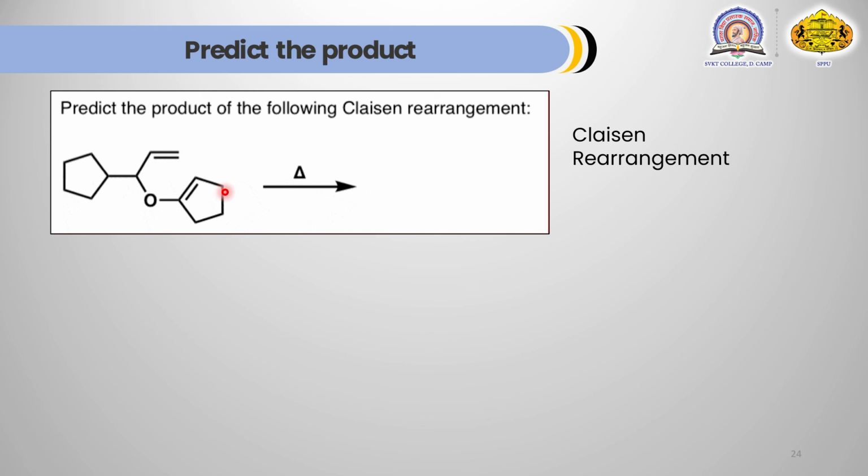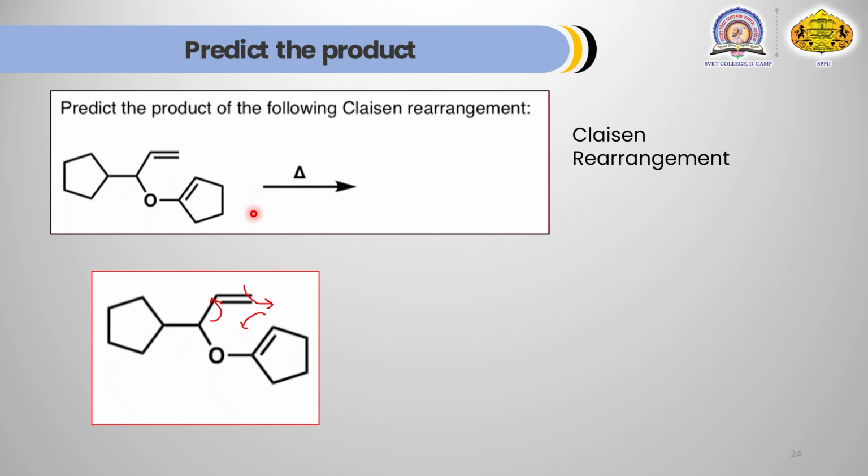In this case, the name of the reaction is already given, so this is the Claisen rearrangement. But if the name is not given, then we have to decide whether it is a Claisen rearrangement or another type of rearrangement. Now let's see how this problem can be solved.